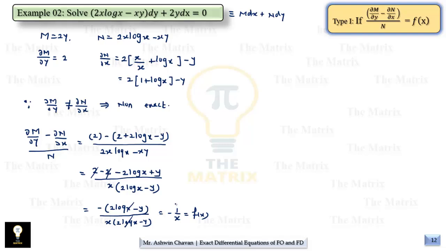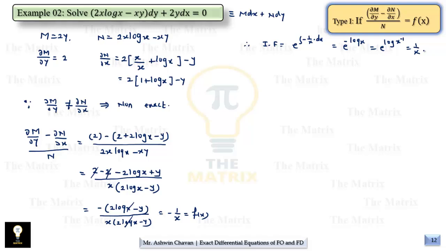Y is completely removed. Therefore the integrating factor is e to the power integral of this f(x), that is -1/x dx. So it is e to the power minus integral of 1/x, which is log x. This can be written as e to the power log of x inverse, that is 1/x finally.